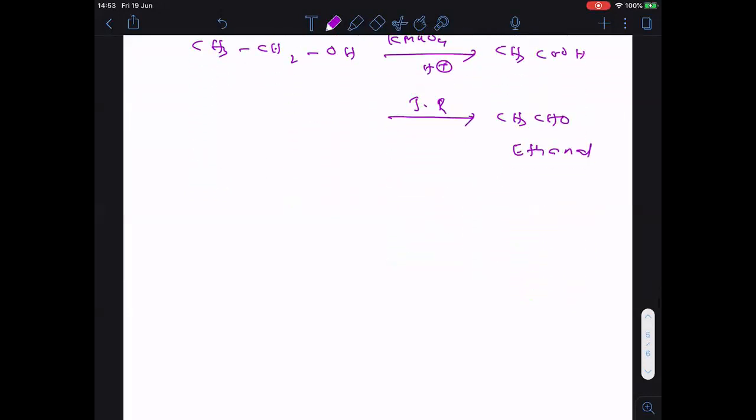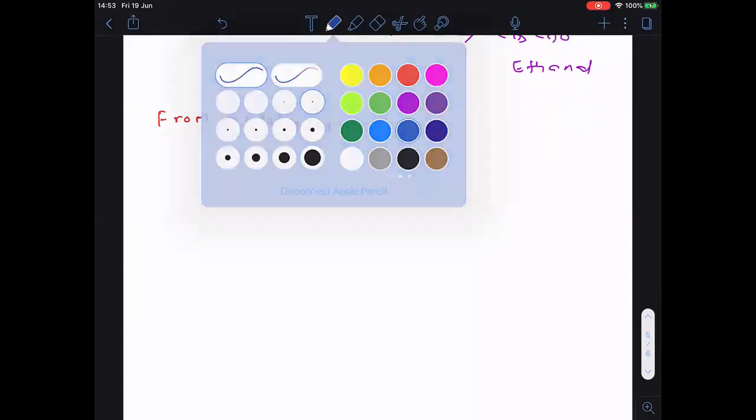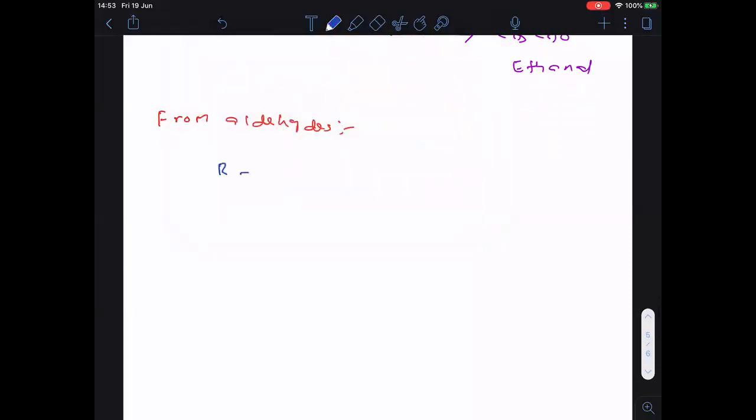Now, the next preparation method that we are going to see is from aldehydes. How to prepare acids from aldehydes? See clearly, this is aldehyde.